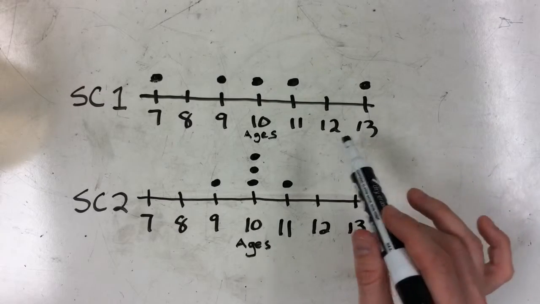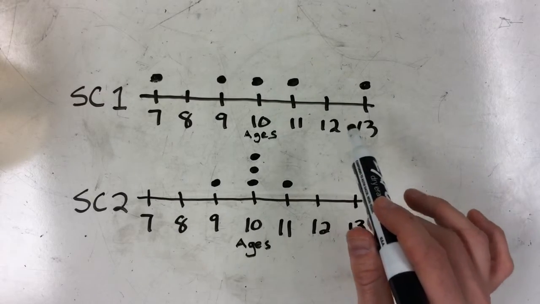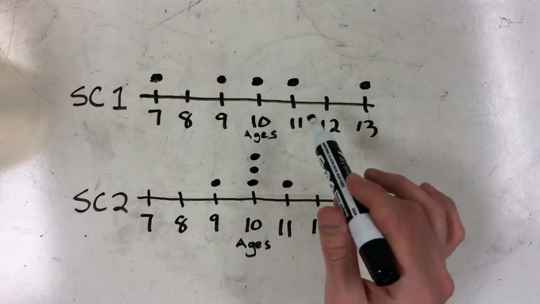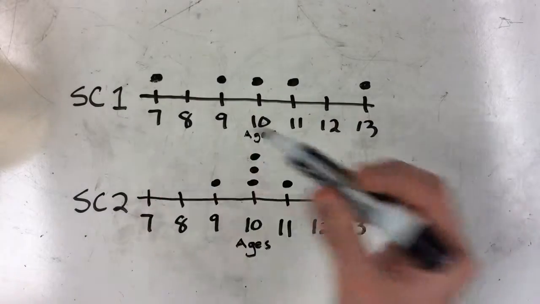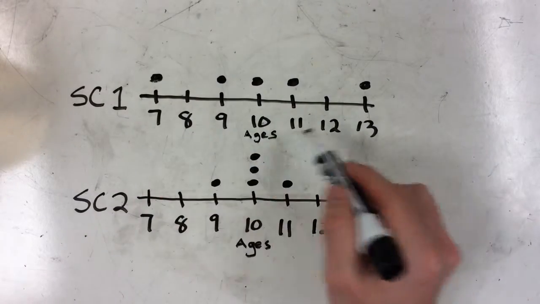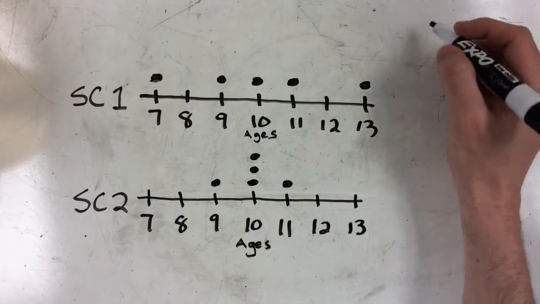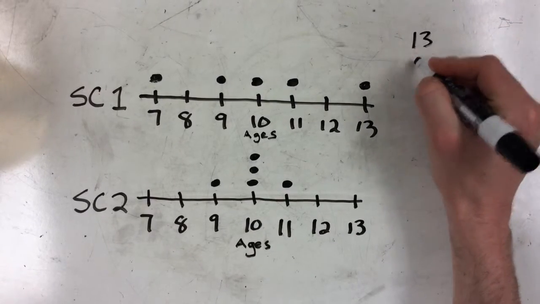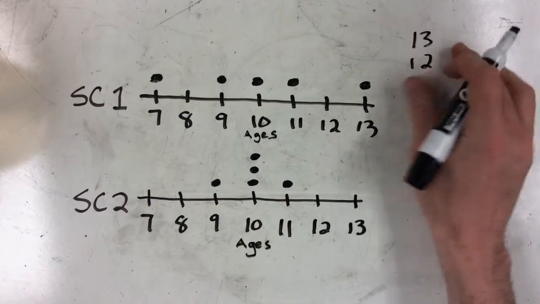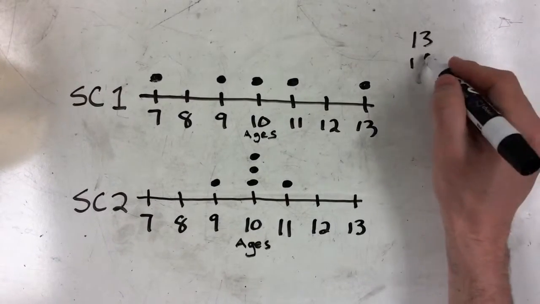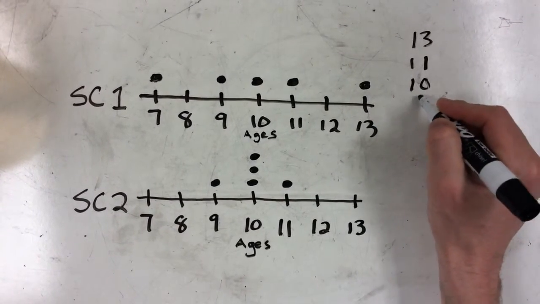Remember, to calculate the mean, we want to know what the age would be if all of the ages were pooled together and shared equally. To do that, we add up the 5 data points and divide by 5. So, 13 plus 12, plus 11, plus 10, plus 9, plus 7.